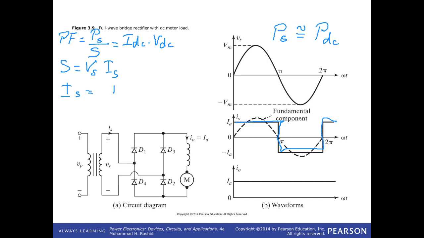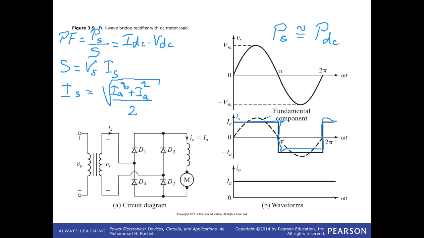Ia square plus Ia square over 2 square root 2. Square the function, get the average, and get the square root of it.